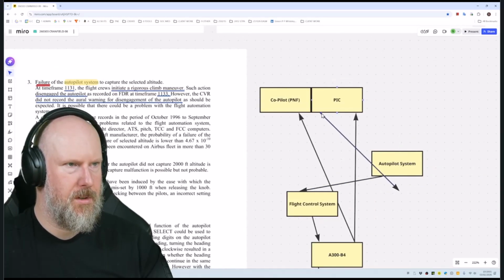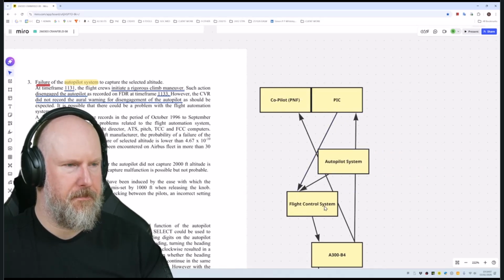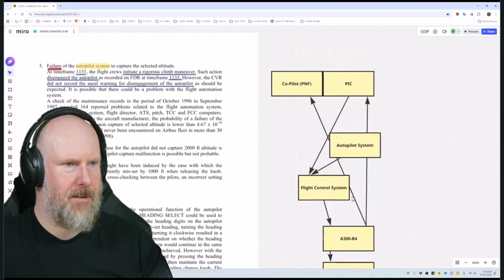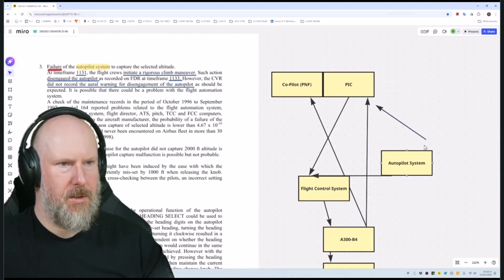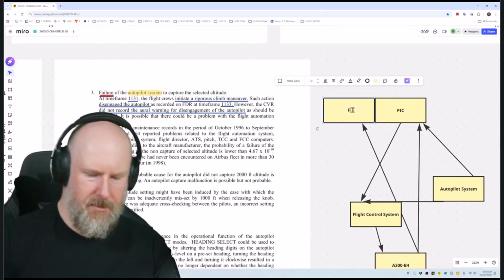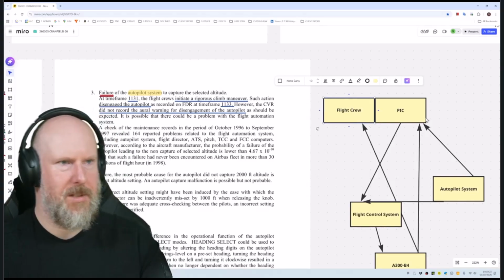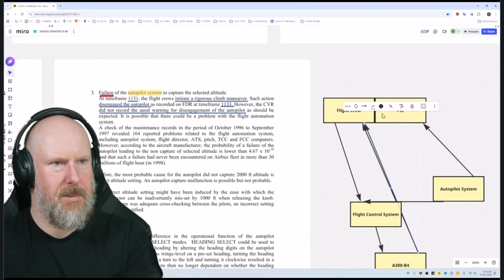And then the crew, pilot in command, they interact with the flight control system as well. And the aircraft provides feedback to them. The autopilot system will provide some kind of feedback to them. I might call these the flight crew just to make this a bit of a simpler model for the sake of simplicity.